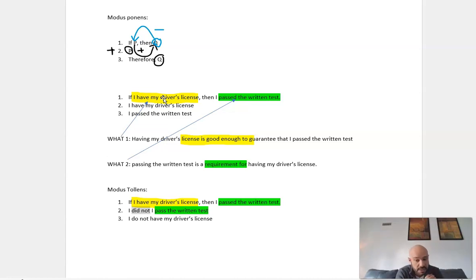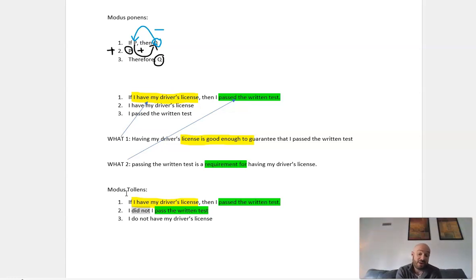One way to check for genuineness is to run a modus tollens on your modus ponens. So if you said, if I like water, then I like to dance, well, can it be true that someone doesn't like to dance, but they do like water? Yes.